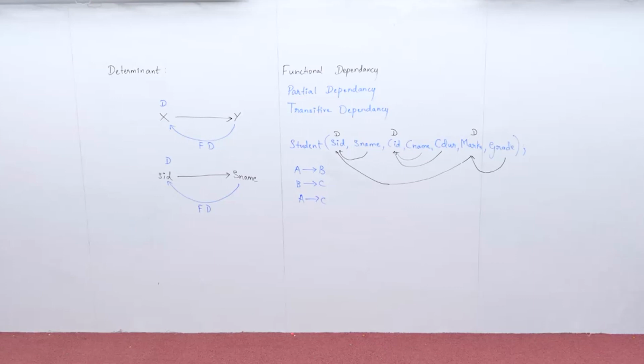See, I'll tell you how the transitive dependency comes. Suppose you have attributes like this: Amazon member ID, customer ID, customer name, which package they are choosing, and what is the amount. What amount the customer should pay to get the Prime membership is dependent on what package they are choosing.